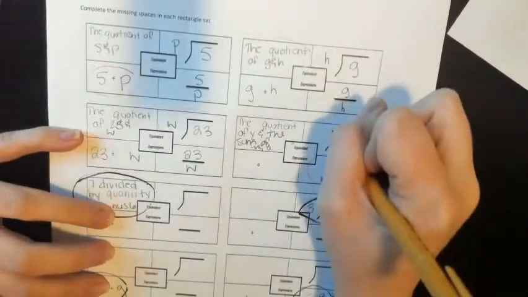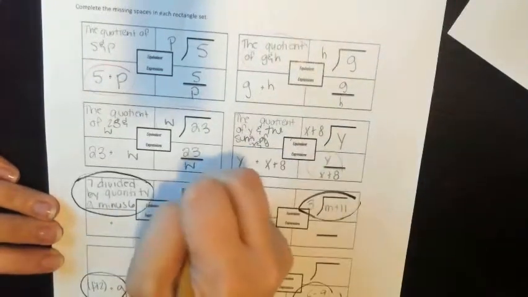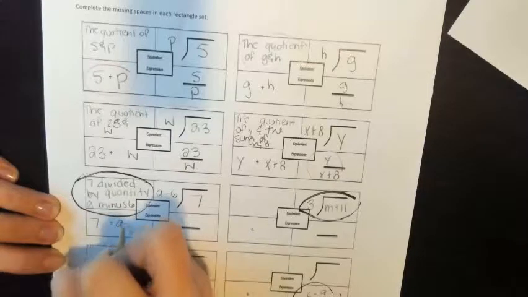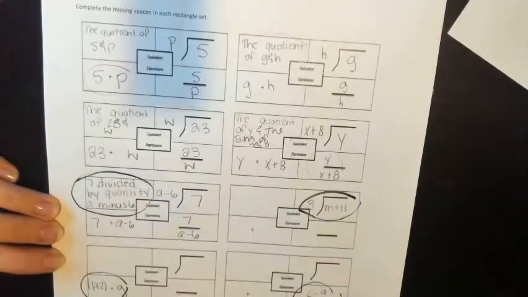Okay. So then we'd have y on the inside, x plus 8 on the outside, y divided by x plus 8. Then 7 divided by the quantity of a minus 6. So 7 divided by the quantity of a minus 6, 7 divided by a minus 6.